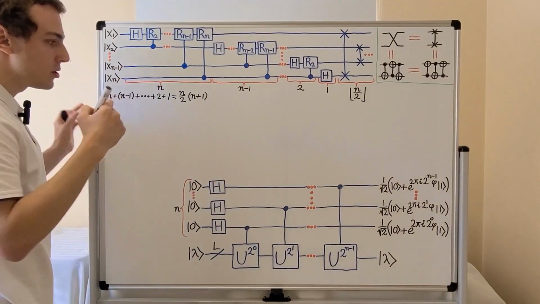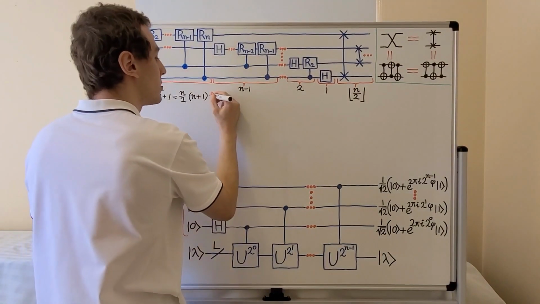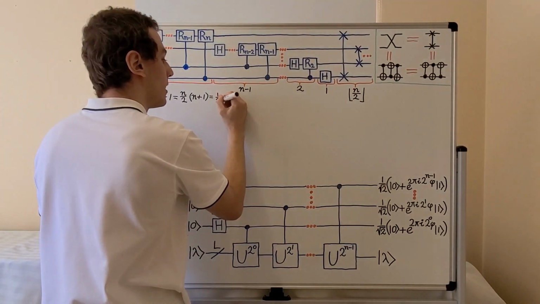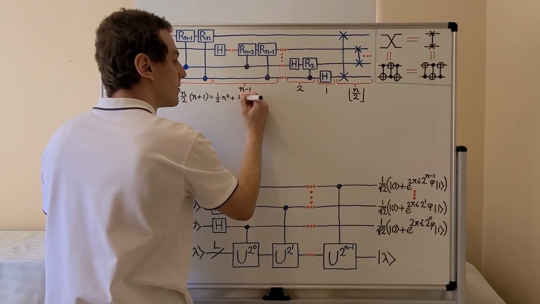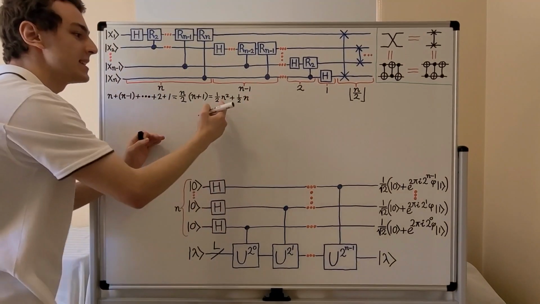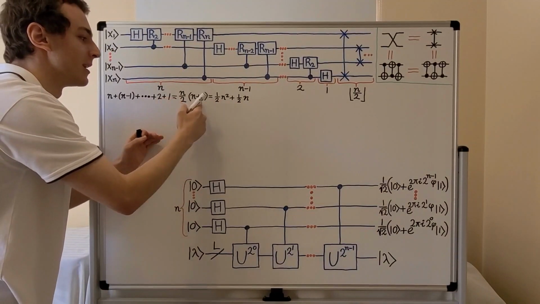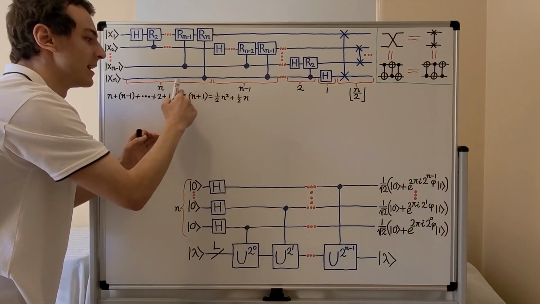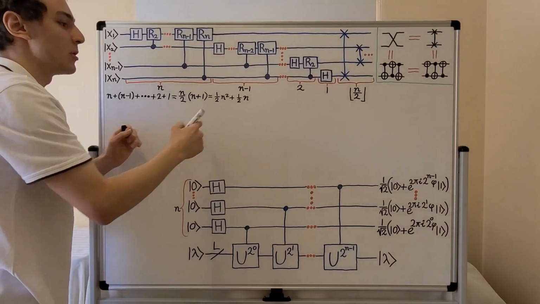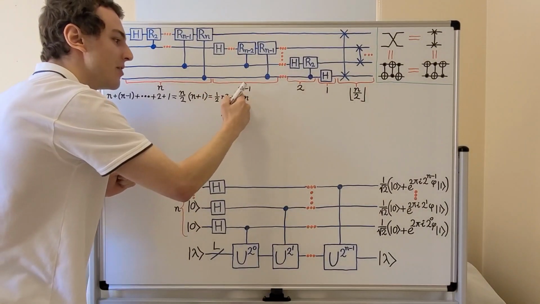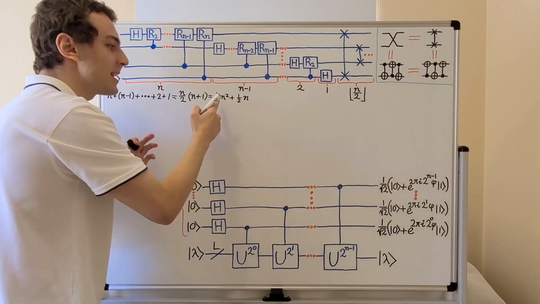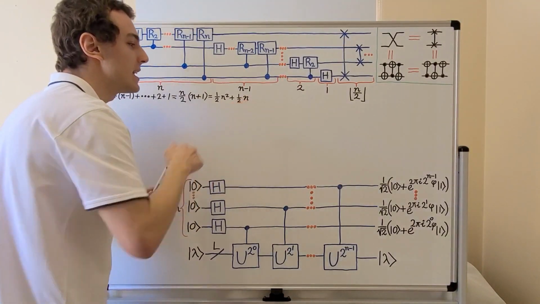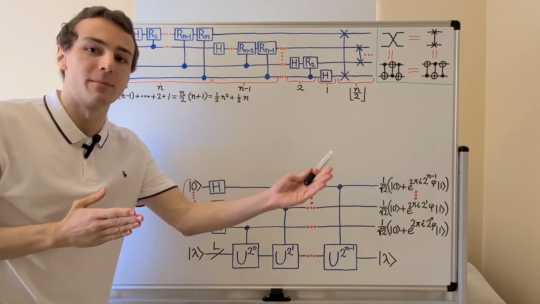And what can we do then? Well, we can actually expand this out. That's going to give us 1/2 of n squared plus 1/2 of n. So this is actually a quadratic equation. You can see if we distribute this n inside over here, this term is quadratic and this term is linear. And this is very important. The quadratic term will dominate the linear term in the asymptotic limit.